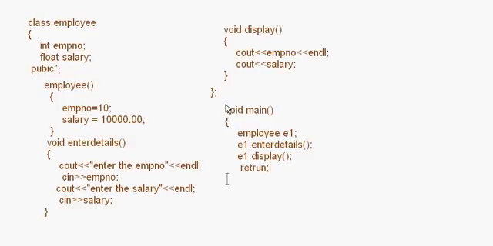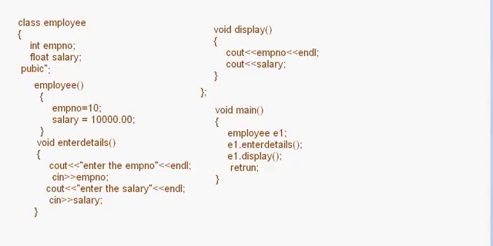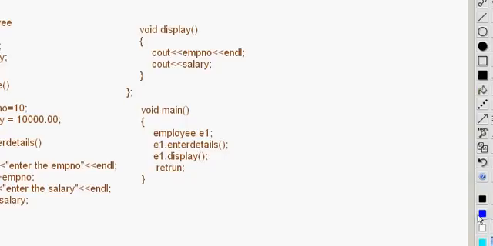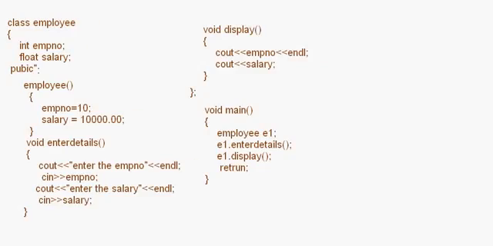This is a small program which we have written, in which we have made a constructor also, and we have also made normal methods, right. Now let's see how this program executes.